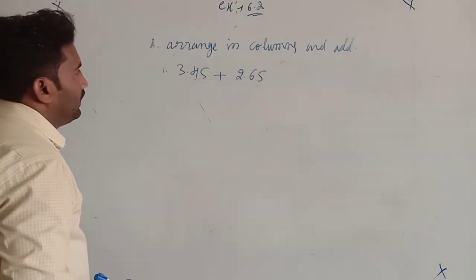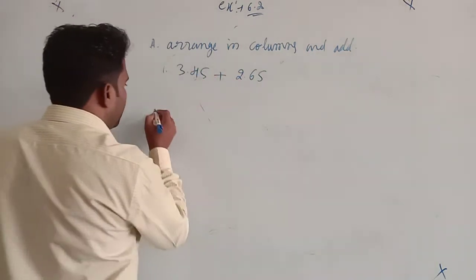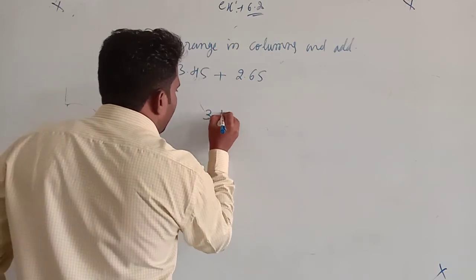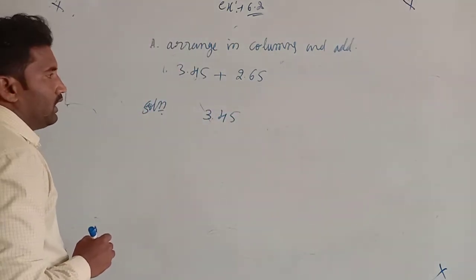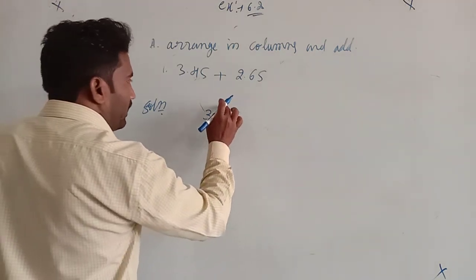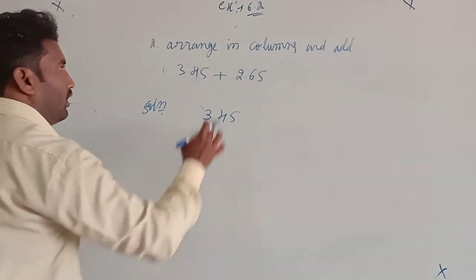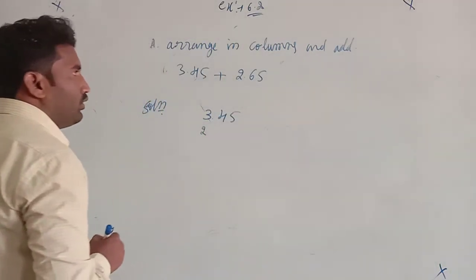We should arrange these numbers decimal point under decimal point. See how it is. In 3.45, 3 is in the ones place, 4 is in the tenths place, and 5 is in the hundredths place. And 2 is in the ones place, so ones under ones.